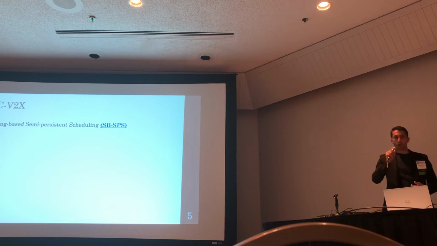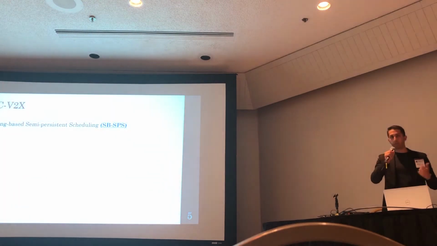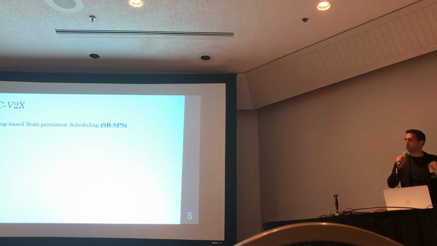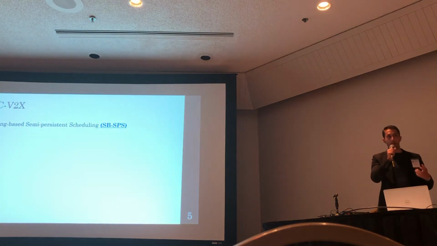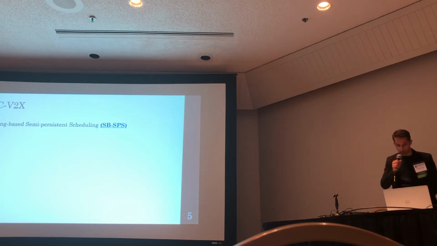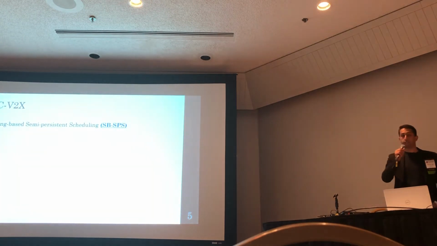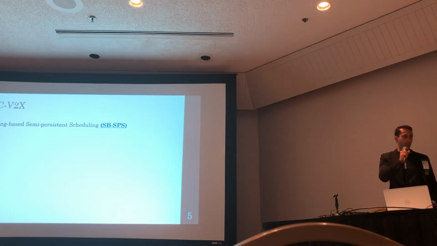So in order to look at this problem, first, very briefly, let's look at what's the nature of CV2X. How does CV2X work in terms of MAC layer and resource allocation procedures? The resource allocation scheme in CV2X is mostly known as the sensing-based semi-persistent scheduling, or SB-SPS.